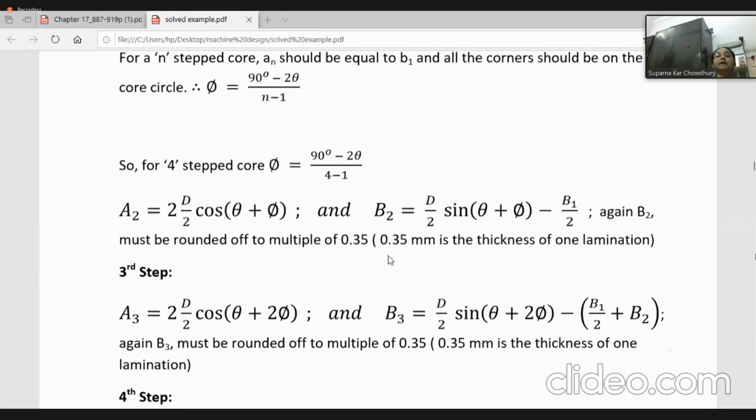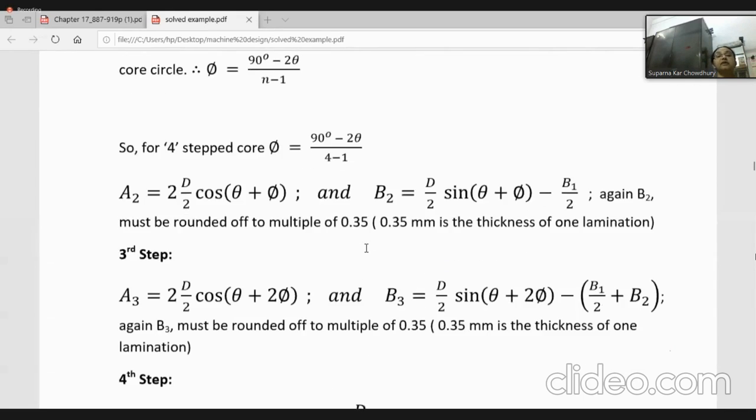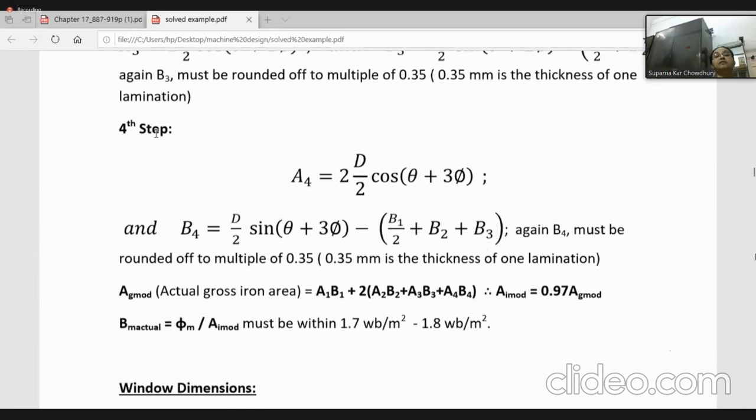Again, that should be made a multiple of 0.35. So similarly, we can get the step 4. Similarly, it will go on as the number of steps increases.